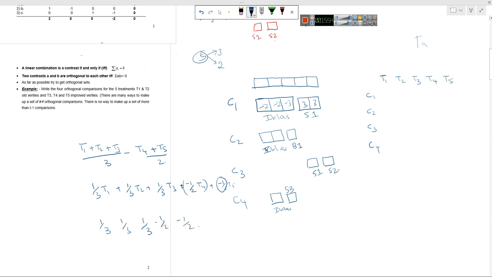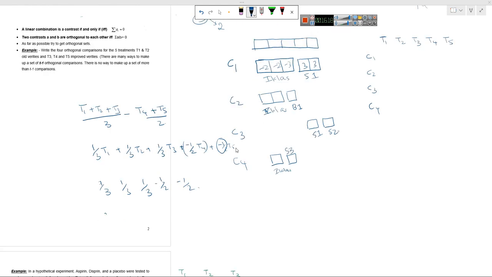But having the fractions will be annoying, so we will just multiply all the coefficients by 6, the LCM 6. So I will get like this, right? So 2 here, 3, minus 2, minus 2. So it will become minus 2, minus 2, minus 2, 3, 3.